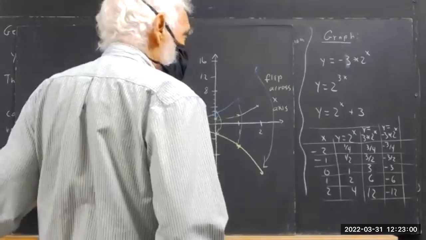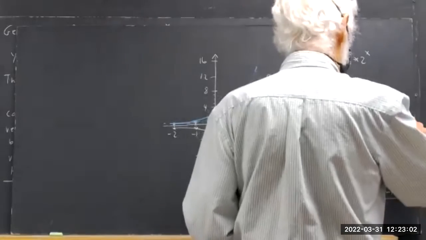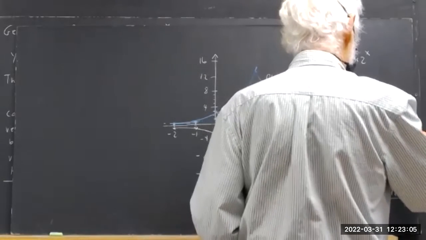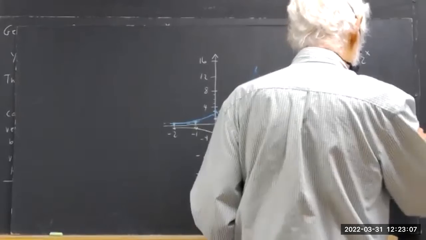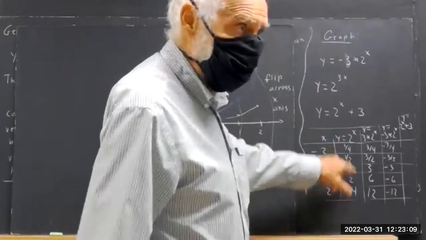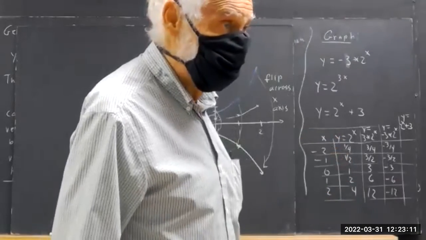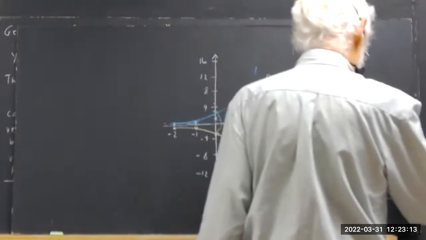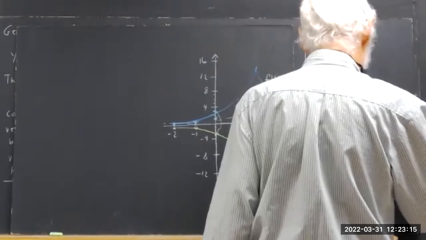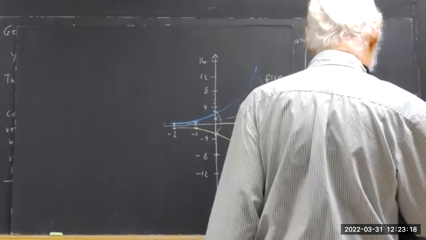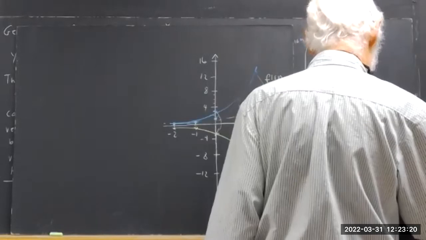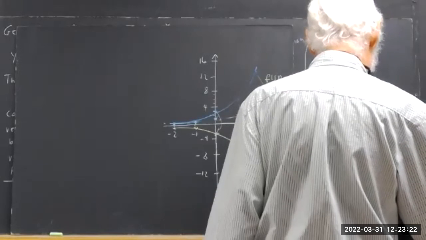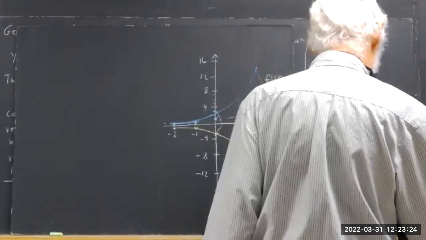For the 2 to the x plus 3, of course, we're going to go back to our 2 to the x values and just add 3, right? So we say that's 3 and a 4. 3.5, 4, 5.